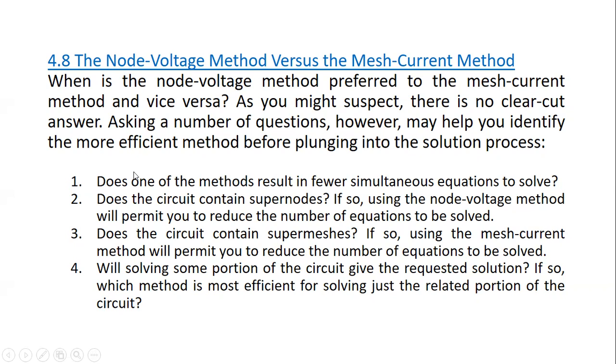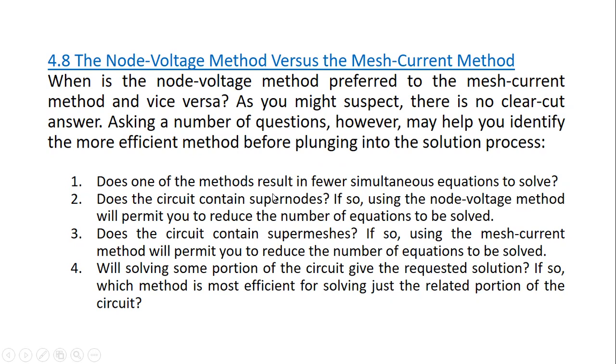And so we need to ask 4 questions, and based on your answers, you can decide which method to use. So does one of the methods result in fewer equations to solve? Of course, if one method has 3 equations and the other method has 4 equations, I will go with the 3 equations. So the lowest number of equations is better, because you will have less mathematical manipulation.